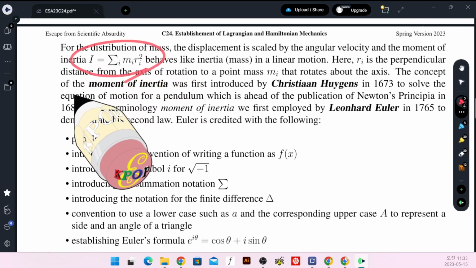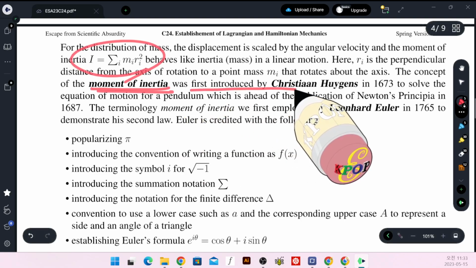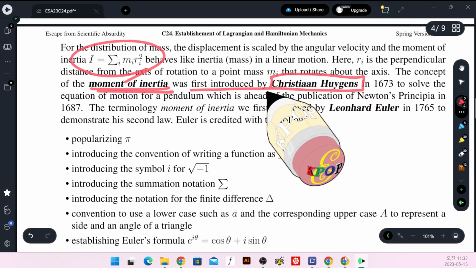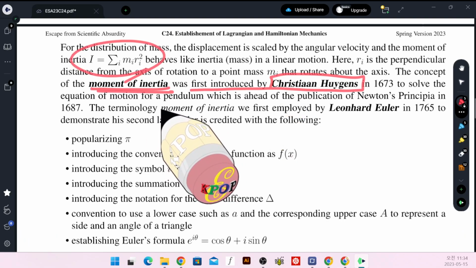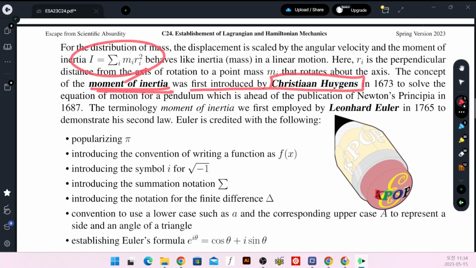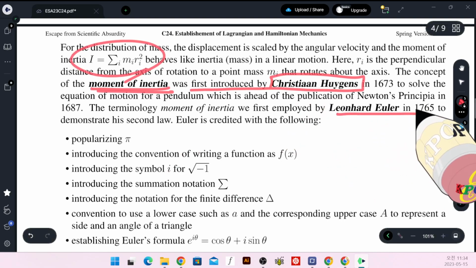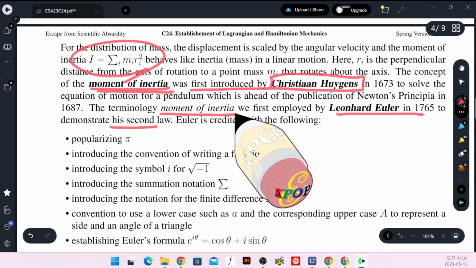That is the moment of inertia. The moment of inertia concept was first introduced by Huygens, who constructed the pendulum clock. The generalized idea was first obtained by Galileo Galilei. And then Euler achieved a lot. He demonstrated his second law, and the terminology of moment of inertia was first introduced by Euler.